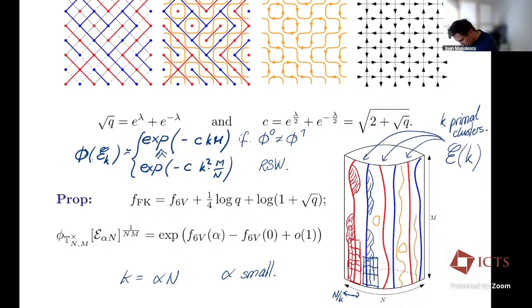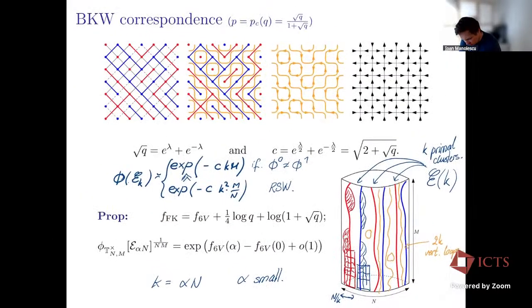You necessarily need to have these loops that wind around vertically. There are 2k of them. And so now you start orienting all of these loops, as you do to get from this side to this.